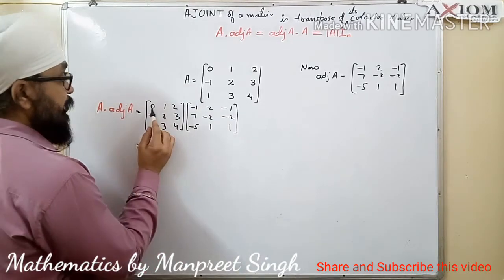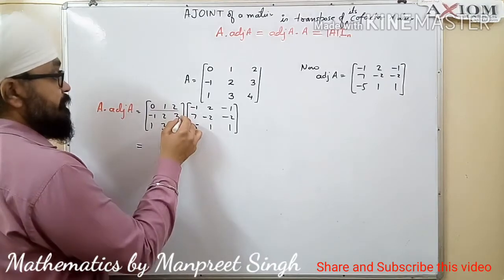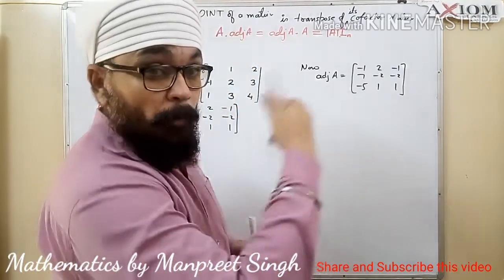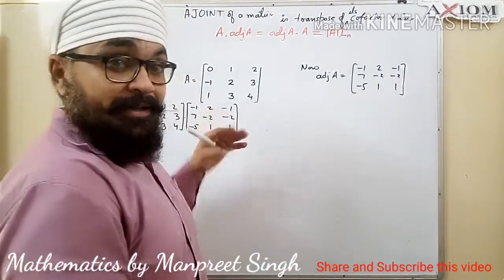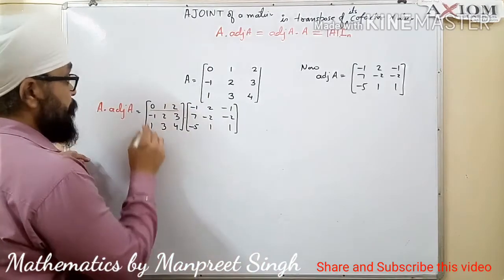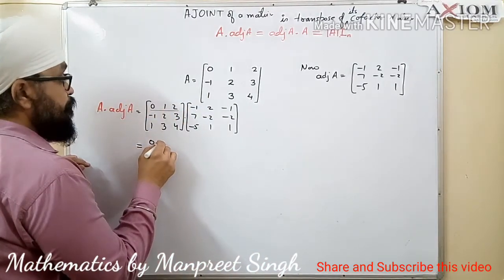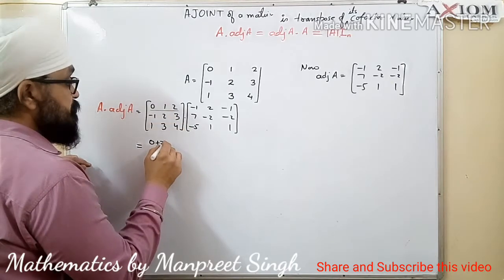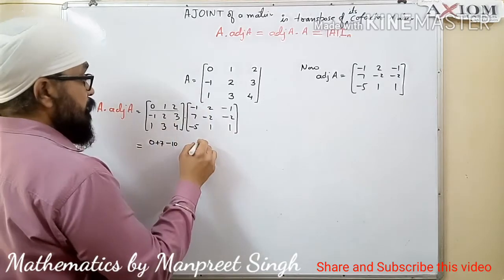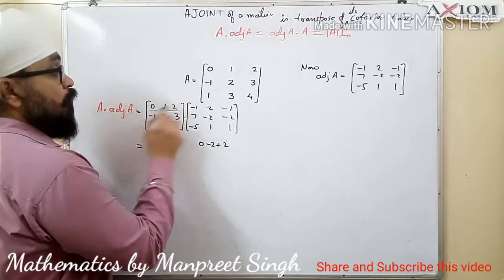Matrix multiplication: take the row and the column. We know how to multiply two matrices. For the first matrix, which is called the pre-matrix, you have to take the row, and for the post matrix we are going to take the column, and multiply them. So we are getting 0 into -1, 1 into 7 is 7, then we are having 2 into -5 is minus 10. Next I'll go with the second one. It is 0 minus 2 plus 2. Then I'll go with the third column.